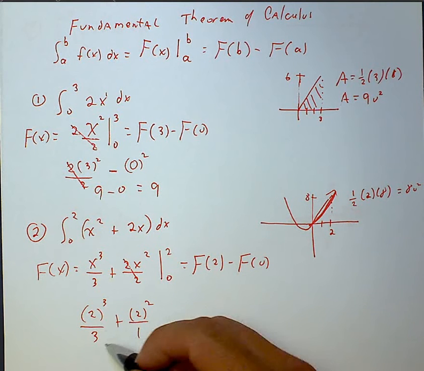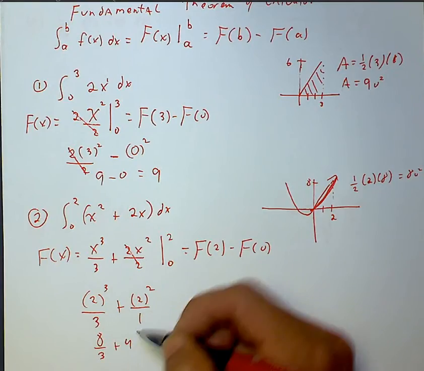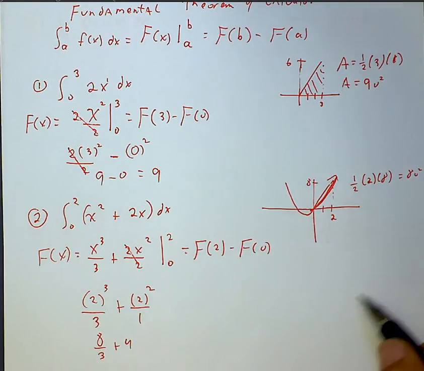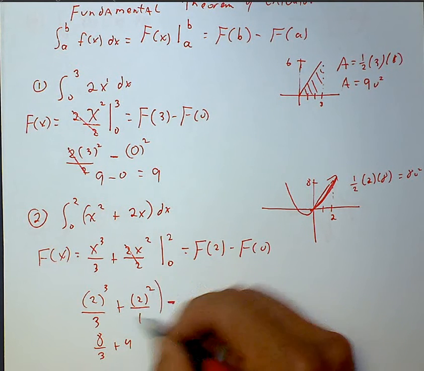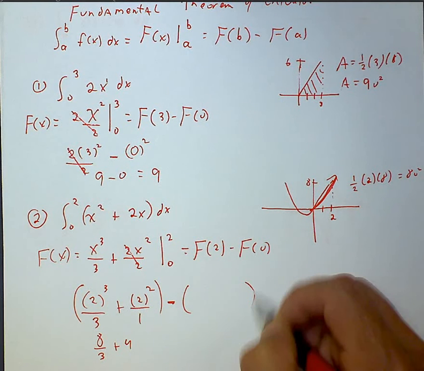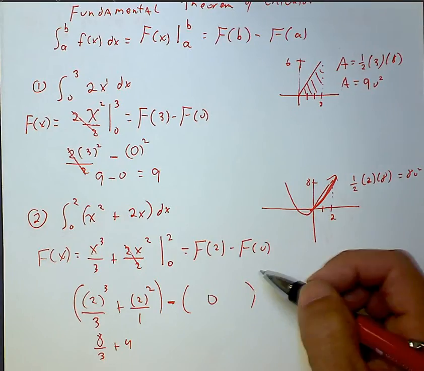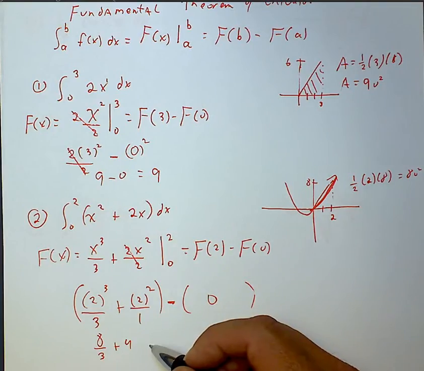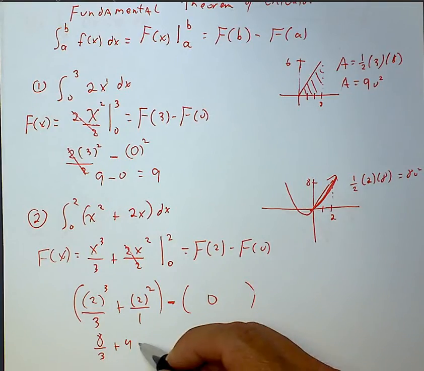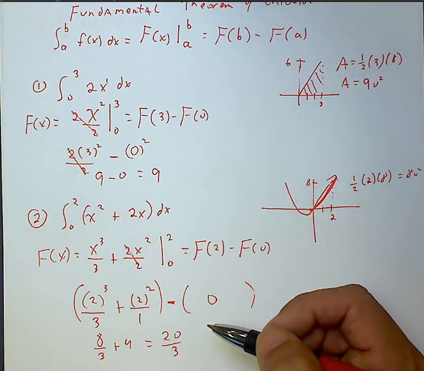So that's going to be 8/3 plus 4 minus, okay, so it's F of 2 minus F of 0. F of 0 is 0 plus 0, so that's just going to be 0 right there. It's going to be 8/3 plus 4, and that's going to wind up being, 4 is 12/3, 20/3 for my area under the curve.